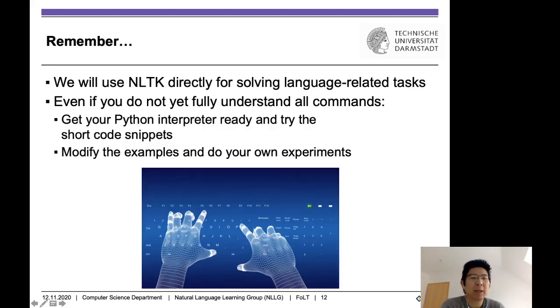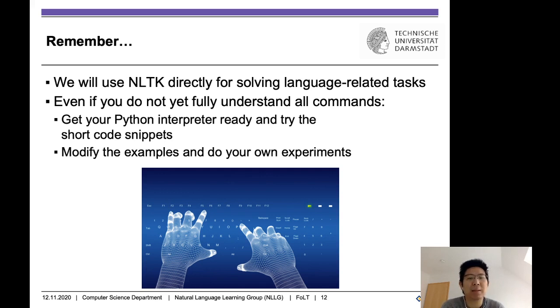Now we know languages are complicated to understand even for humans. But the good news is we have many open source libraries like NLTK, which can help us to solve some NLP problems. And maybe some of you have experience with NLTK already. If not, I would highly recommend you to play around with it.